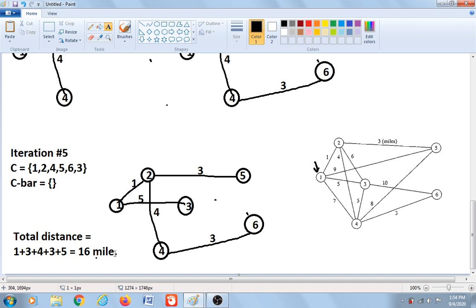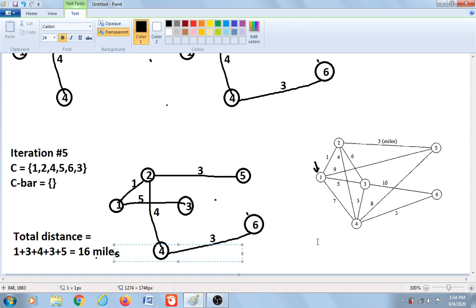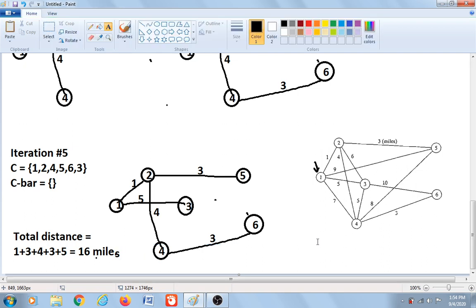Sorry, I missed the S over here. So the distance is 16 miles. So this is the network or the spanning tree of the cable that the TV company needs to construct. I think this is it for the minimum spanning tree problem, and thank you very much.